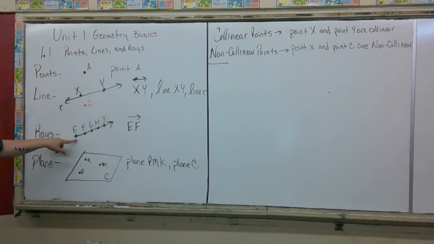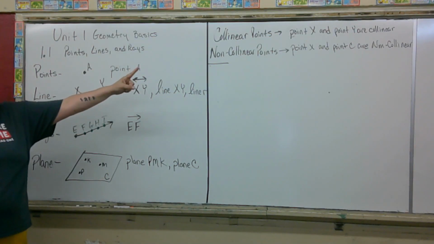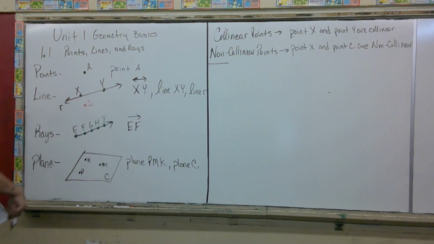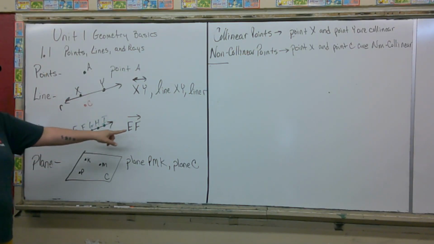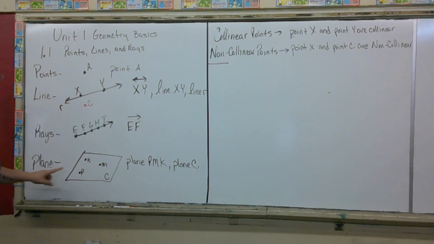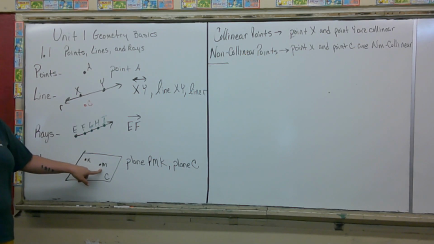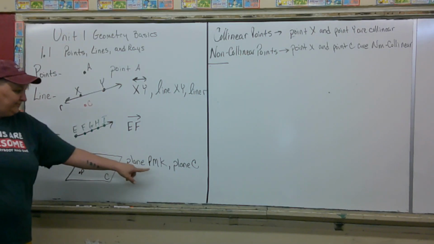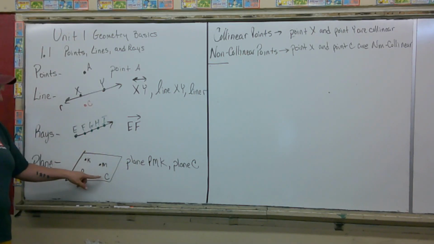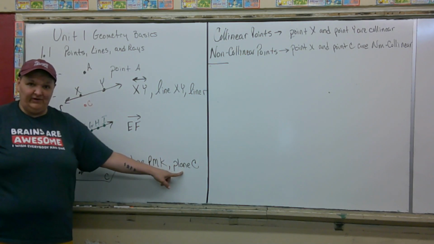A ray has an end and then an arrow that goes in one direction, only one direction. It can go in any direction, but it only goes in one direction. This is how you label it. And then a plane, which is like a surface, a flat surface, it needs to have at least 3 points and can be labeled that way. Or you can use its actual name and do it that way.